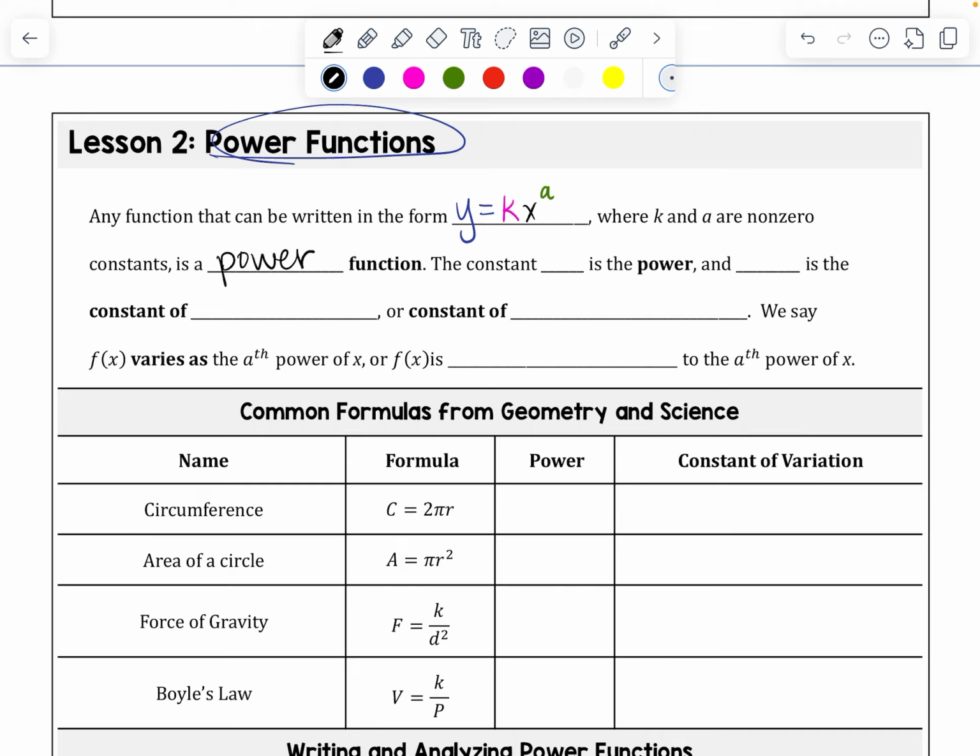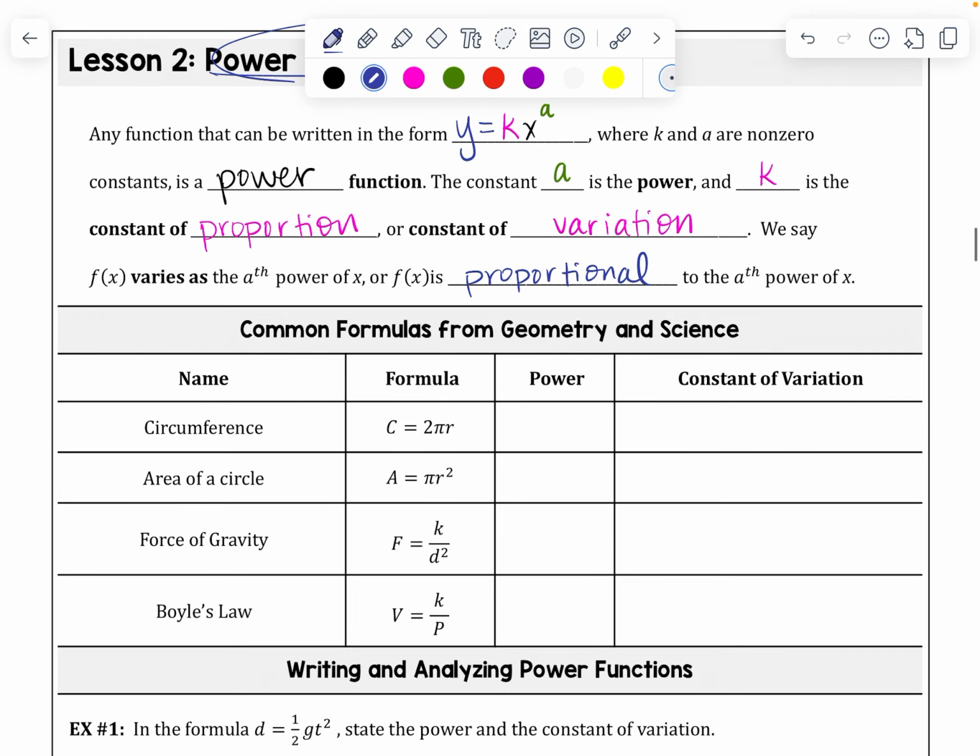The constant a is the power or the exponent, and k is the constant of proportion, or a constant of what we call variation. We say that f of x varies as the 8th power of x, or f of x is proportional to the 8th power of x.